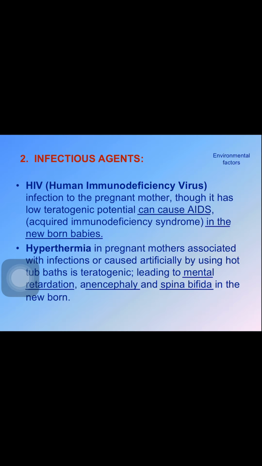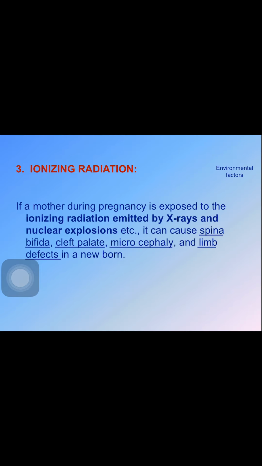The high temperature can cause these birth defects. Ionizing radiations: if the mother is exposed to X-rays or nuclear explosions, it can cause spina bifida, cleft palate, microcephaly, and limb defects in the newborn babies.